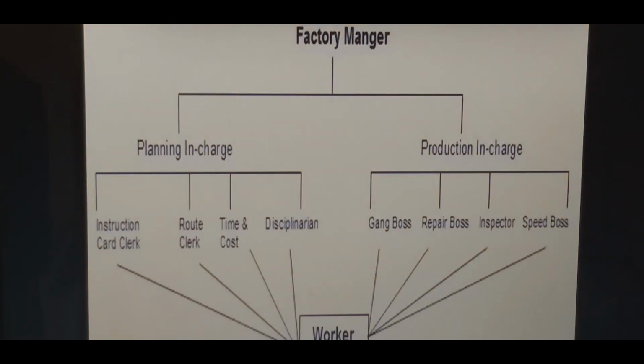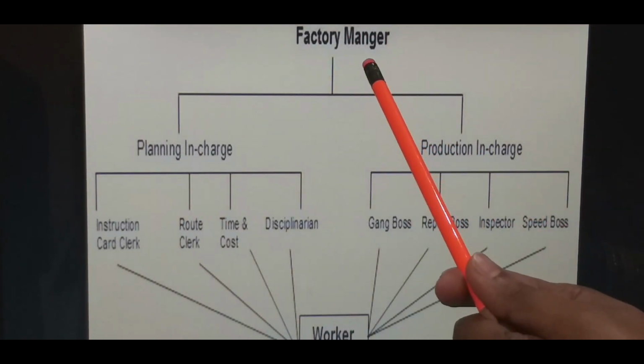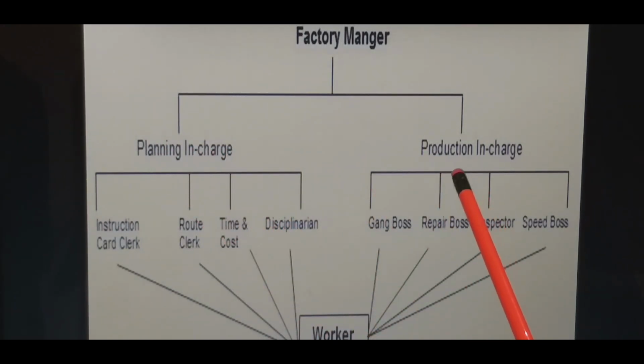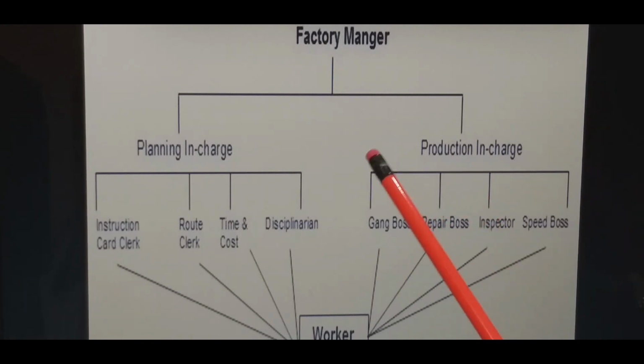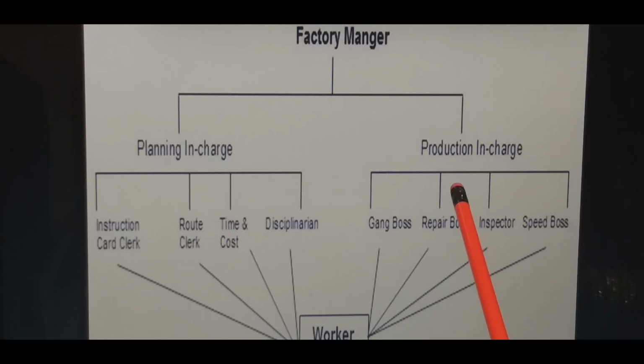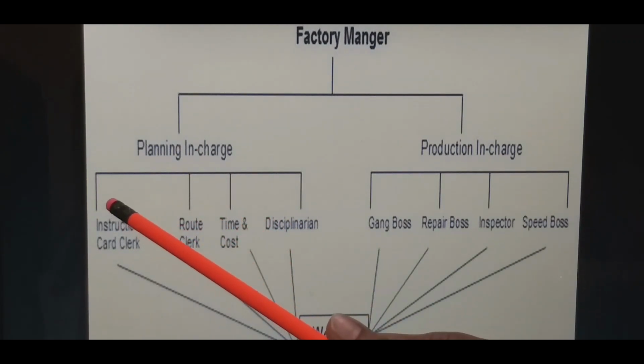You can see this diagram. Under this technique, Taylor said that the work of the factory manager should be divided into 2 departments, that is planning department and production department. He said that the planning function should be separated from the execution function. In each department, he appointed 4 foremen.